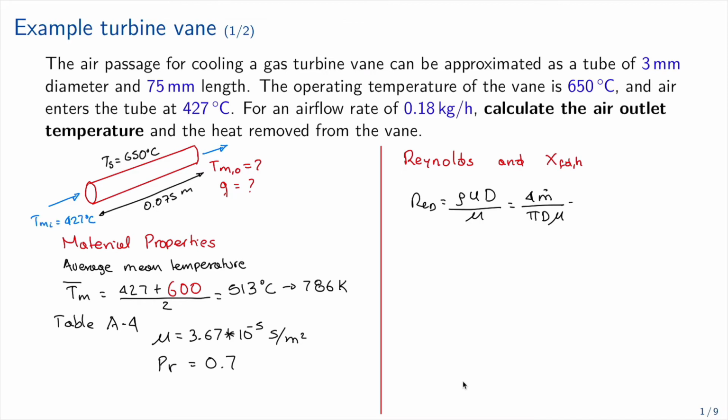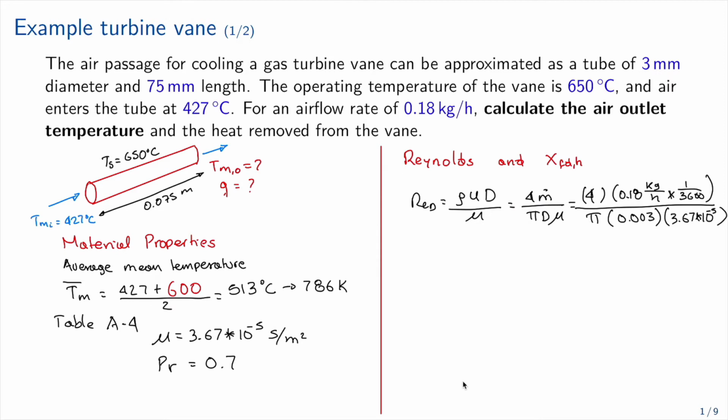As we already have the mass flow rate, this is 4 multiplied by 0.18 kilograms per hour, and we have to transform it into kilograms per second, so we have to divide by 3,600, and divided by pi, the diameter, which is 0.003 meters, and the viscosity, which is 3.67 10 to the negative 5 in the proper unit.